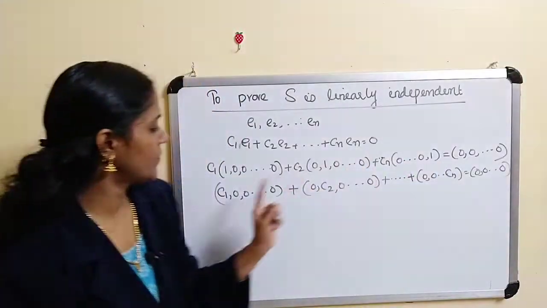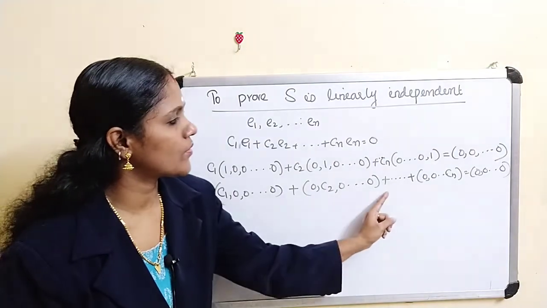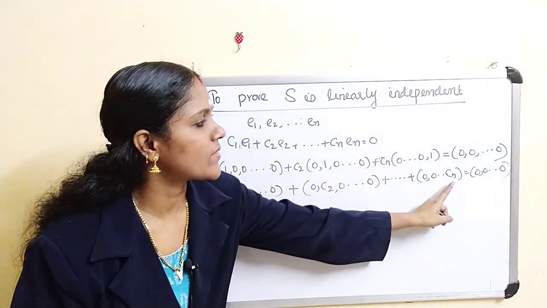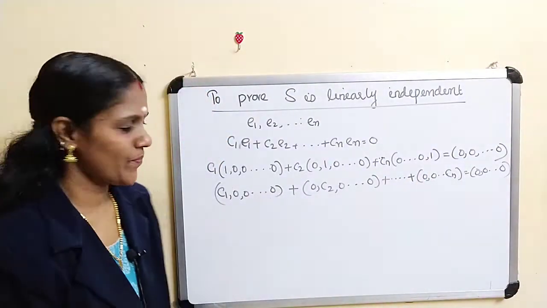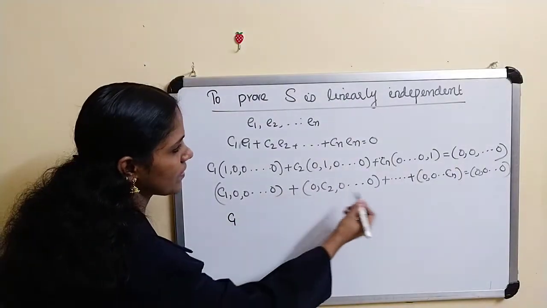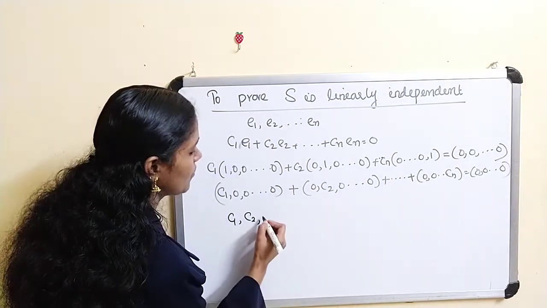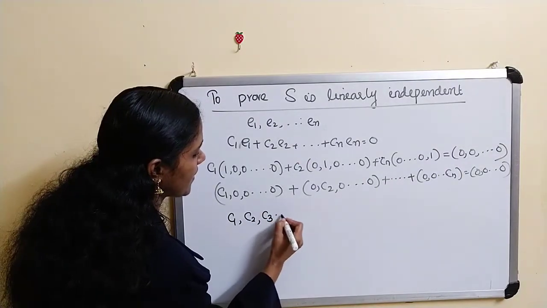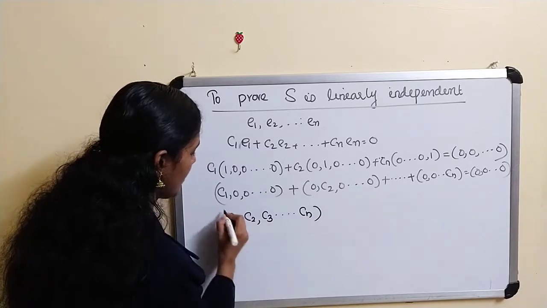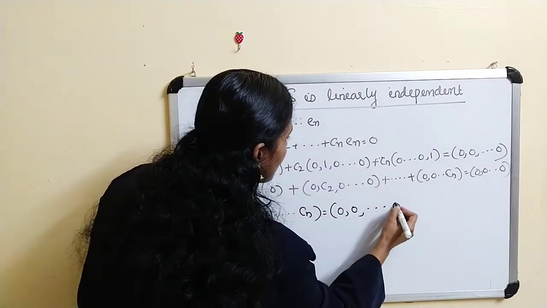This implies we get (c1, 0, 0, 0) plus (0, c2, 0, 0) plus etc. plus (0, etc., cn) equal to (0, 0, 0). Now if you add this, the first coordinate is c1 plus 0, etc., the second coordinate is c2, and the third one is c3, etc., up to cn. This equals (0, 0, etc., 0).